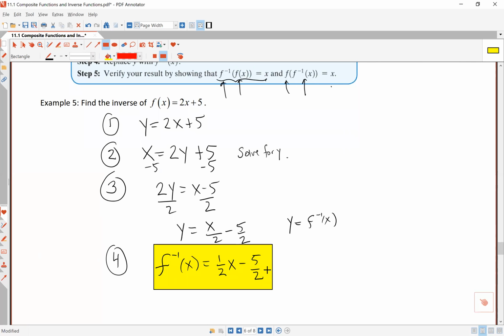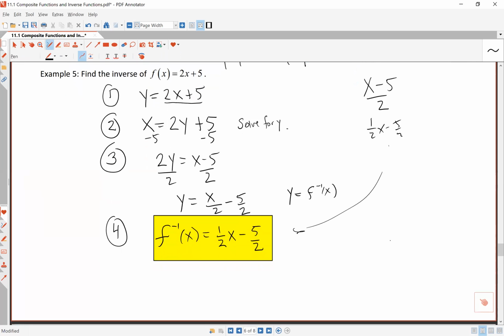It makes a lot of sense in terms of how you undo multiplication by 2 and adding 5. If you try to undo multiplication by 2 and adding 5, then you would say let's subtract 5 and divide by 2, or 1/2 x minus 5/2, which is what we found. Linear functions are easy to find the inverse of.